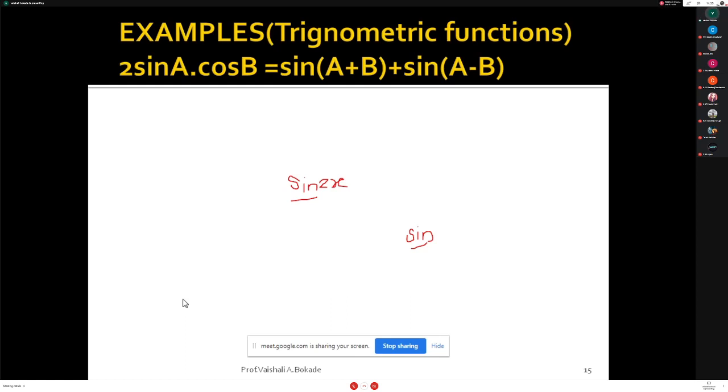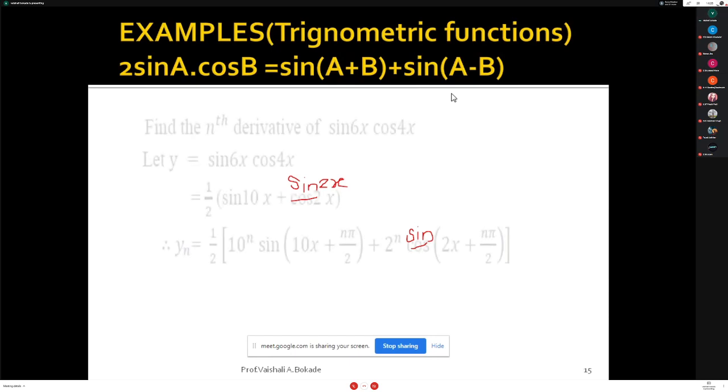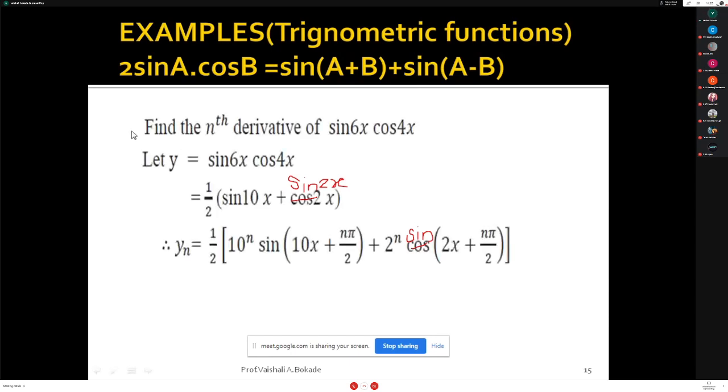So let me go for an example based on 2 sine A into cos b. This formula I will use for finding the nth derivative. I have the example: find the nth derivative for sine 6x into cos 4x. Let y be equal to sine 6x into cos 4x.